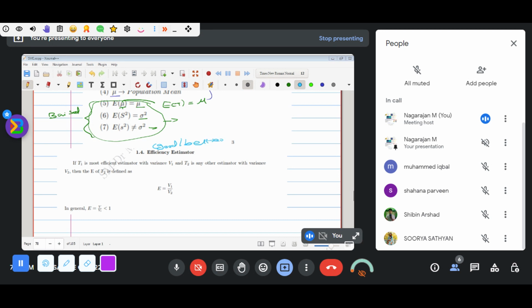Suppose T1 is one estimator with variance V1, and T2 is another estimator with variance V2.